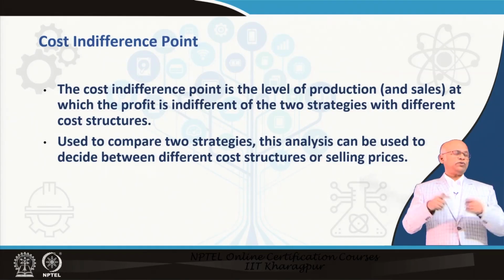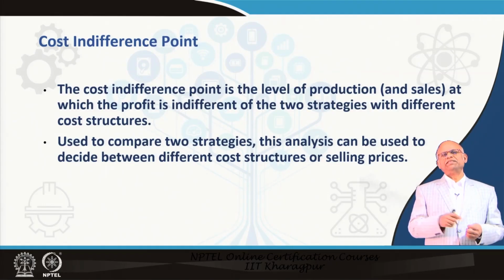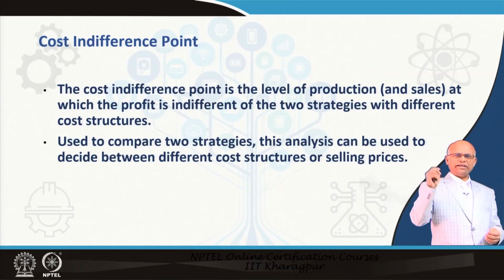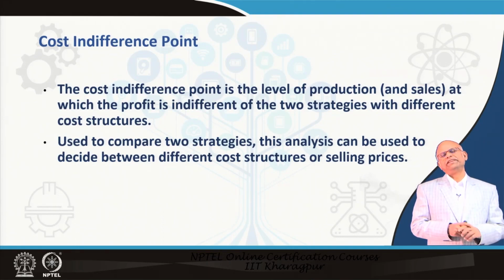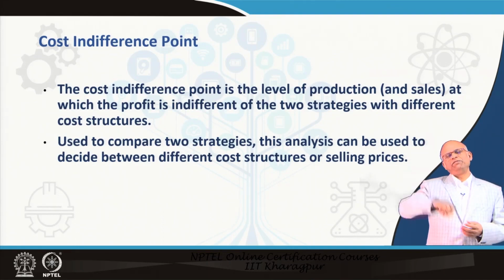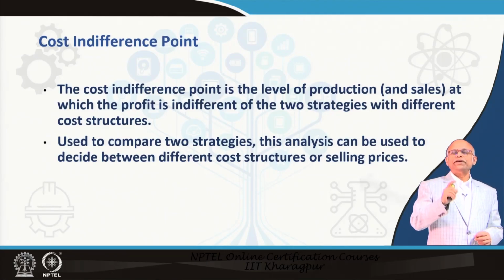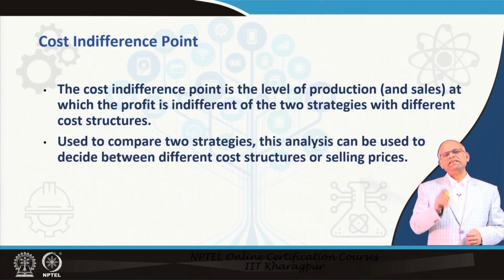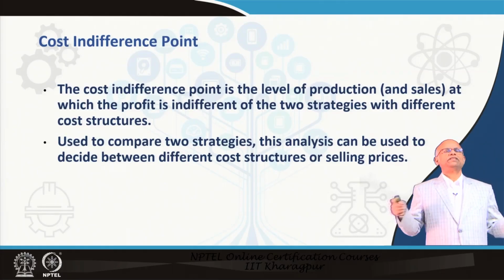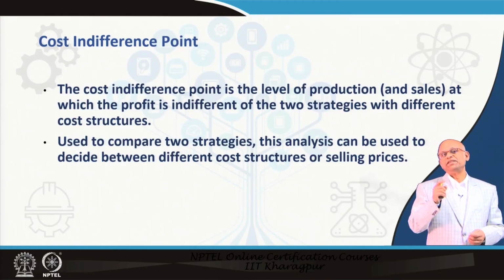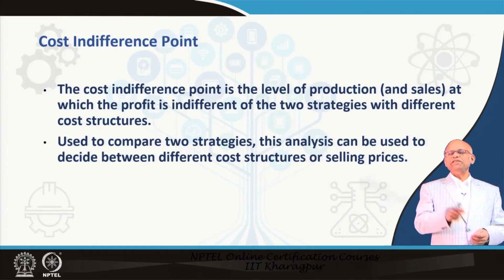It might so happen that one is giving a loss, the other is giving a profit. If it is a loss, plot it on the negative side, but at some point you will find that they are intersecting. That is the point where both strategies give the same profit. That point is known as the cost indifference point.